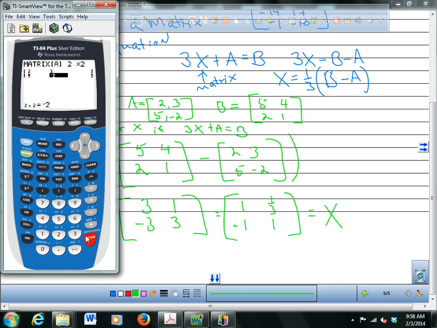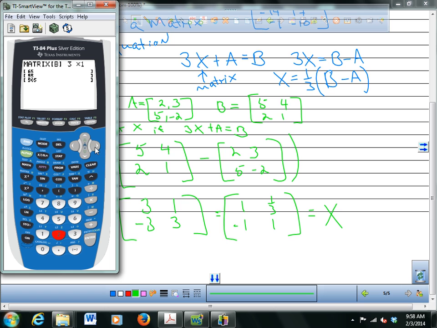Tell me if I mess up. And then you're going to go second quit, and you're going to go to second matrix B. Oh, first you have to go to edit. Matrix B, and you want it to be a 2 by 2 as well.